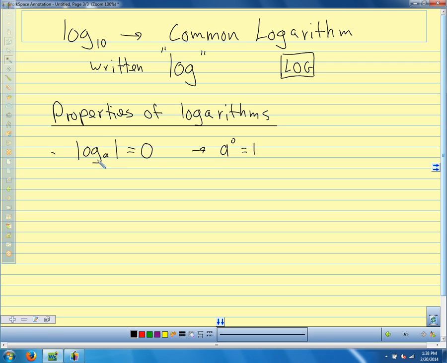The logarithm of 1 in any base is 0. Log base a, doesn't matter what the base is, of a. What's log base a of a going to be? 1, because a to the 1 equals a.